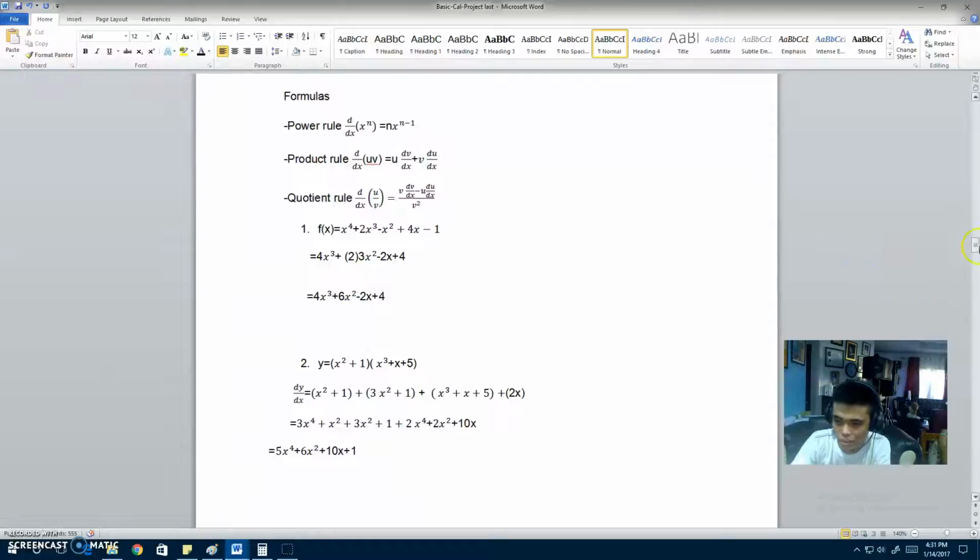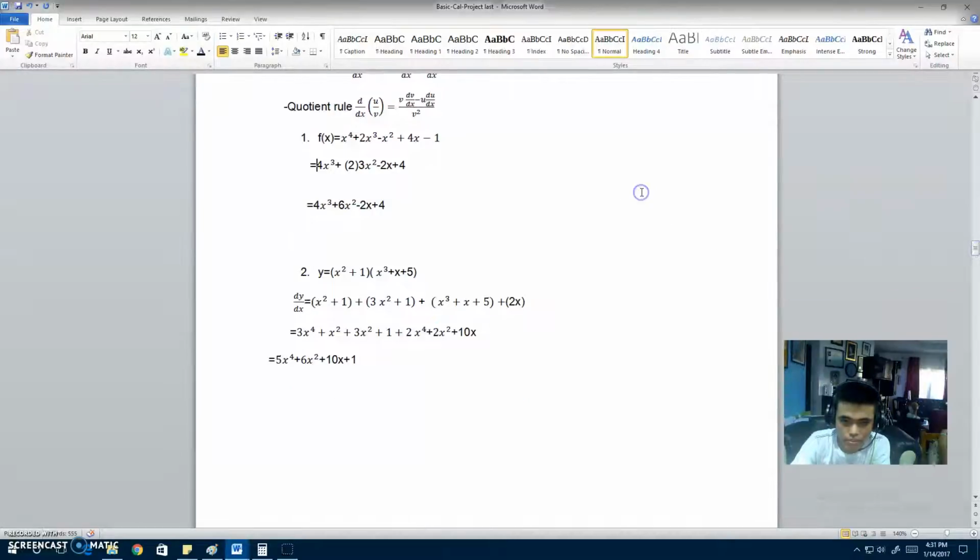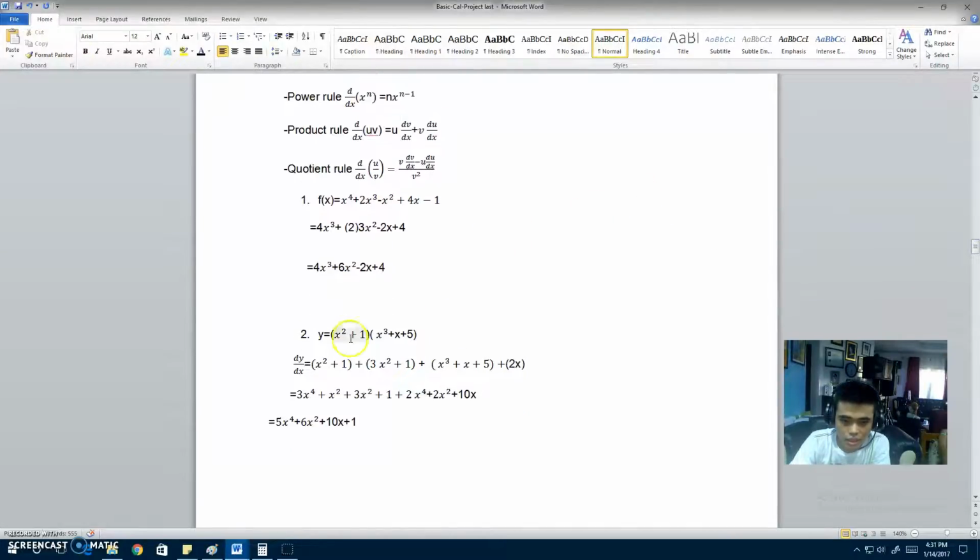So in my second example here, you need to use the product rule. So the u is x to the power of 2 plus 1, and the v is this one.